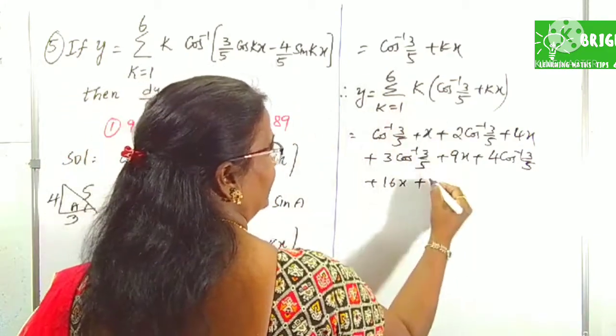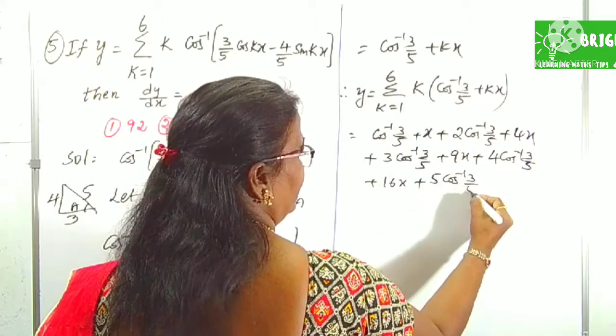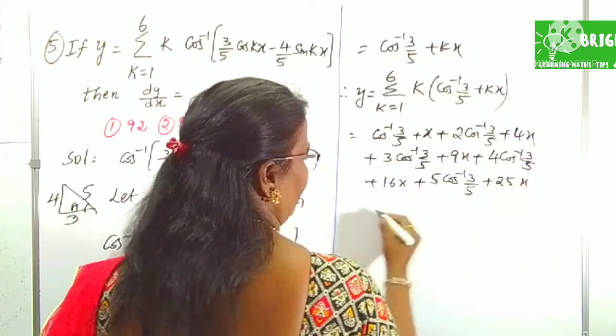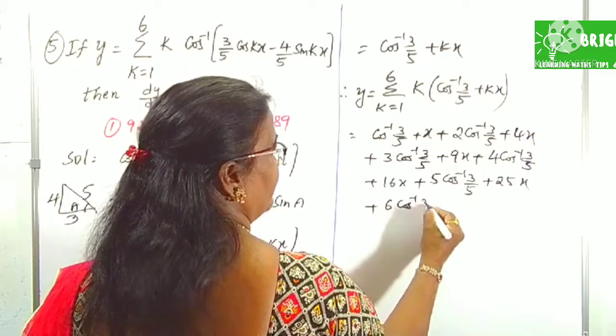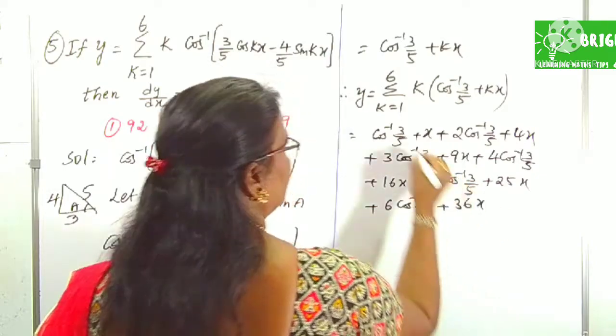Next term, 5 into cos inverse 3 by 5 plus 5 into 5, 25x. One more, the last one, 6 into cos inverse 3 by 5 plus 6 into 6, 36x. Okay, this is clearly y.